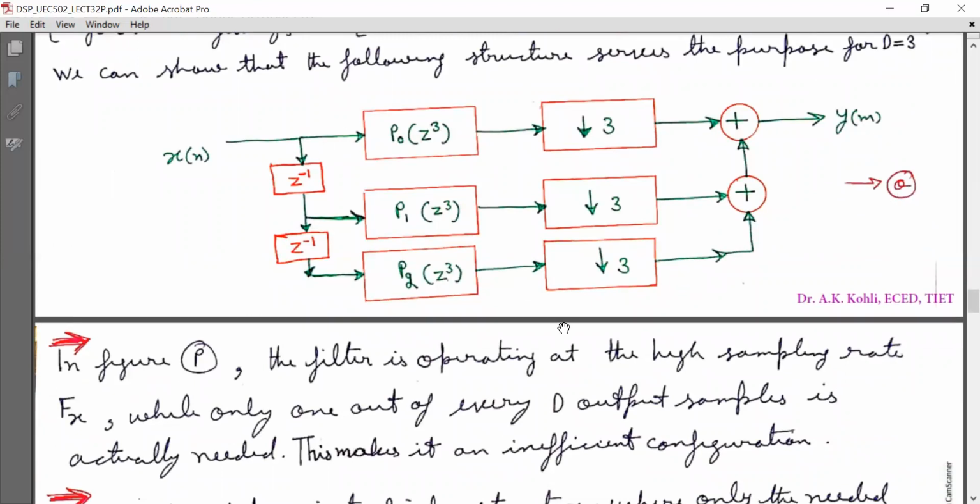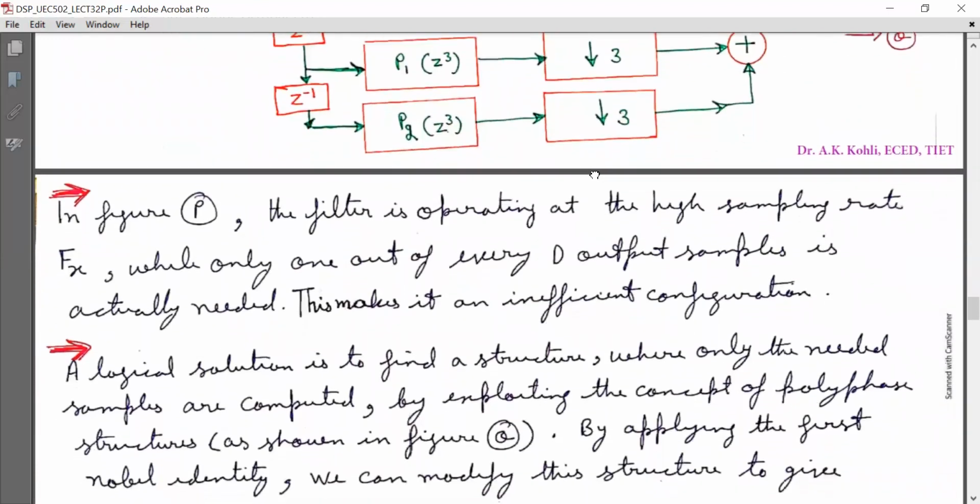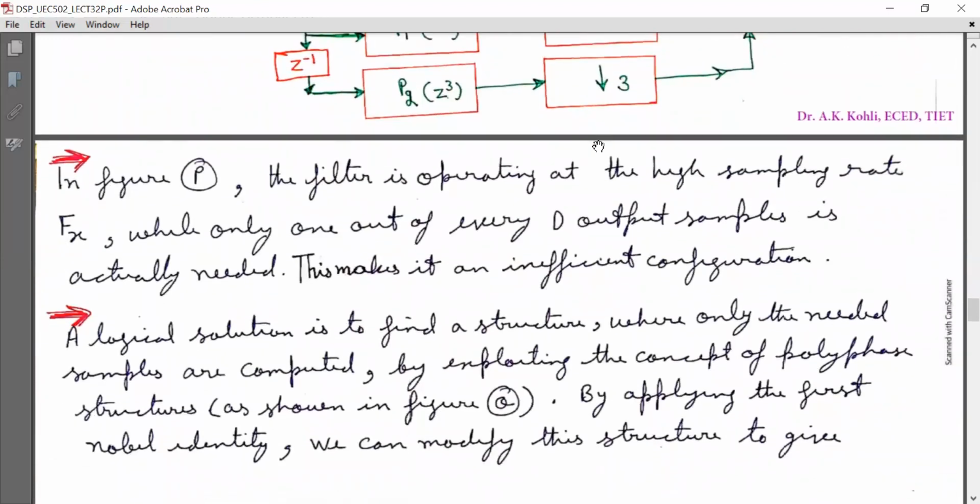This makes it an inefficient configuration. A logical solution is to find a structure where only the needed samples are computed, by exploiting the concept of polyphase structures as shown in figure Q.